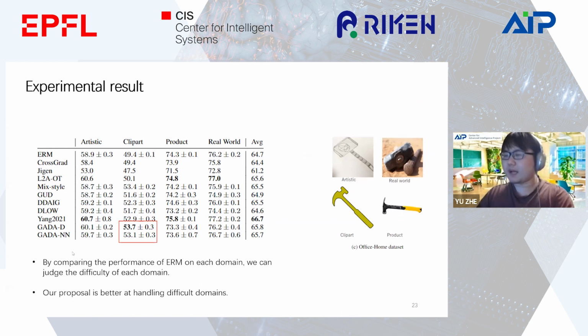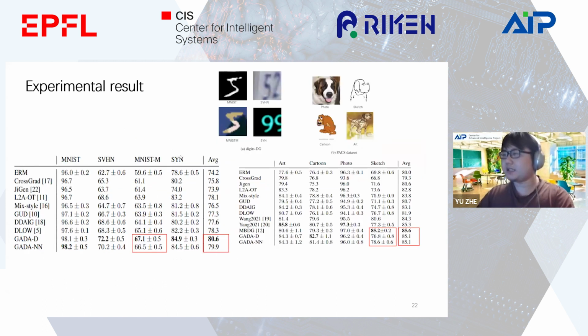But by comparing the performance of the ERM method, here ERM is empirical risk minimization, on each domain, we can judge the difficulty of each domain. On the Office Home dataset, the most difficult domain is Clipart, on the Digits DG, the most difficult domain is MNIST-M, and on the PACS, the most difficult domain is Sketch.